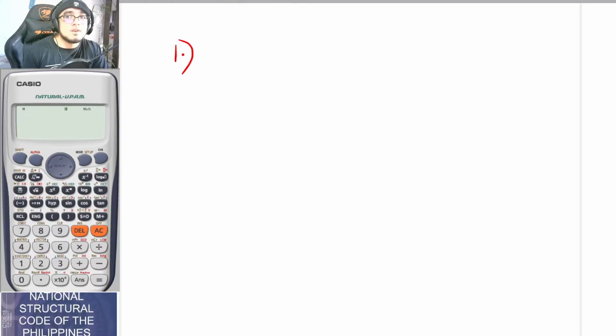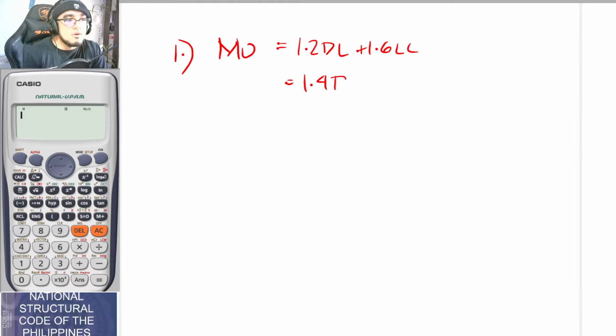And once you apply load factors, you would now have your ultimate moments. So our goal is for us to get the ultimate moment Mu. So that may be, let's say, your 1.2 dead load plus 1.6 live load, or let's say 1.4 dead load, and so on. So once again, the first thing that you should do is for you to get the ultimate moment.